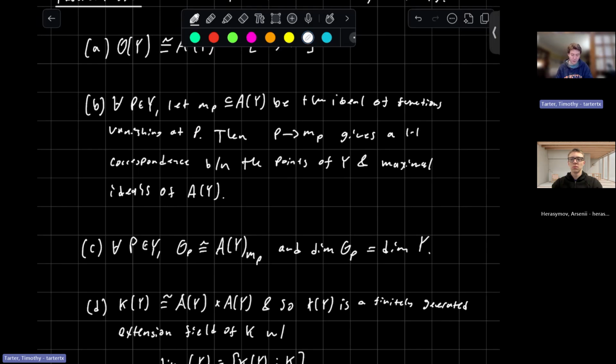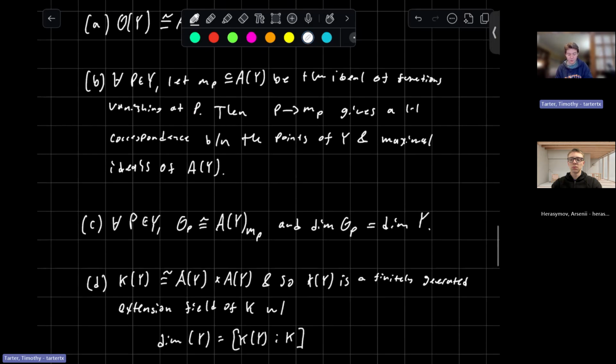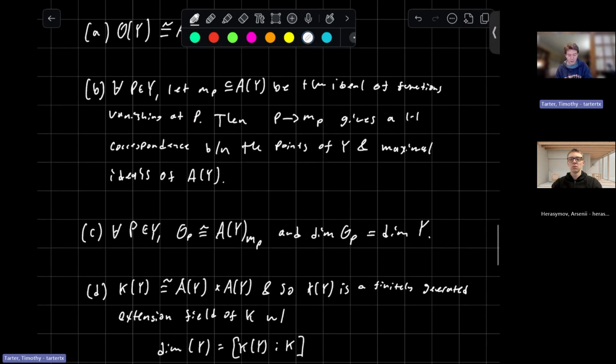If we have a function which sends stuff from our polynomial ring into the ring of regular functions, we can identify these immediately with regular functions on Y. The maximal ideal corresponding to a point is just this MP, the ideal generated by the variety.